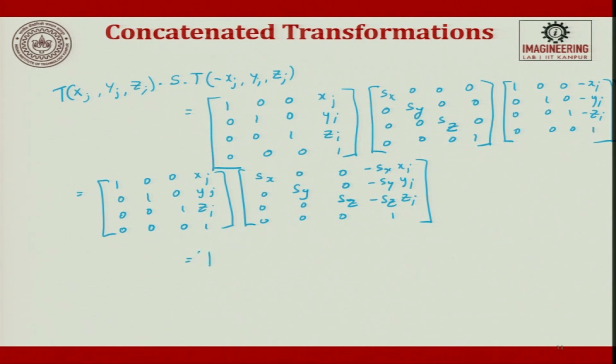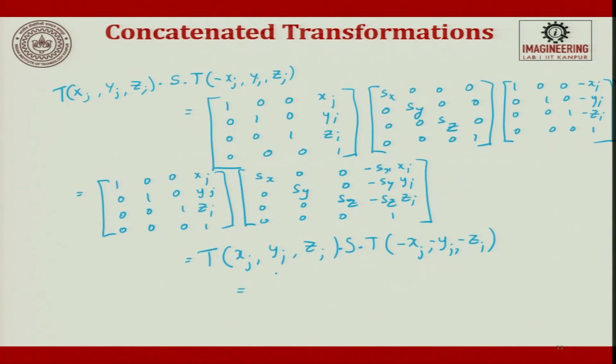This is nothing but transformation of xj, yj, zj into the scaling times the translation by minus xj, minus yj and minus zj.